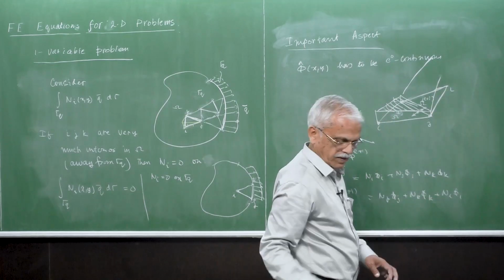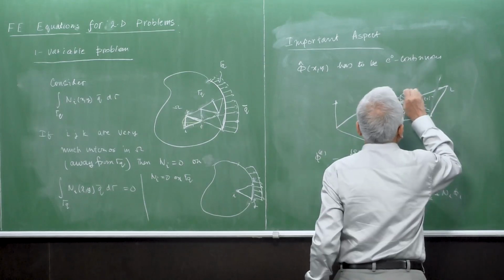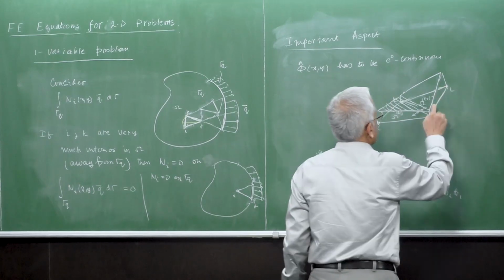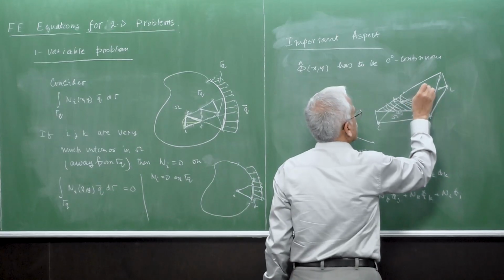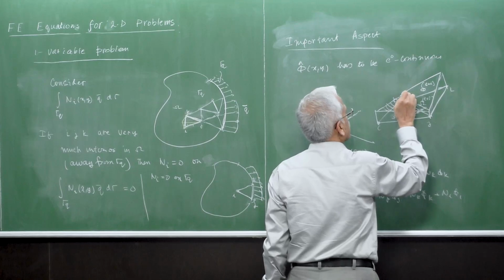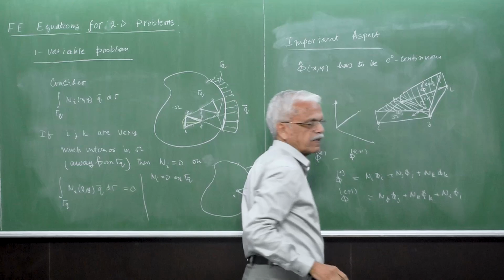Similarly on element e plus 1, phi e plus 1 goes forward like a linear variation.